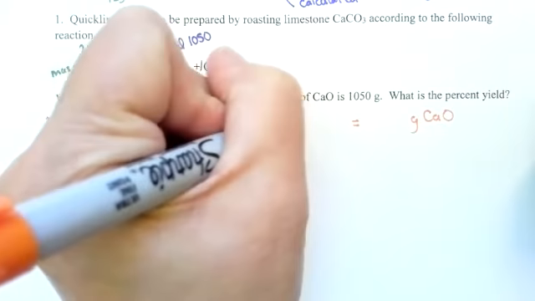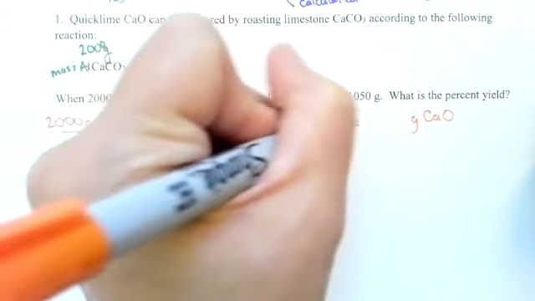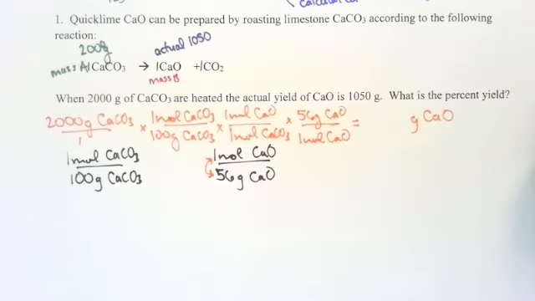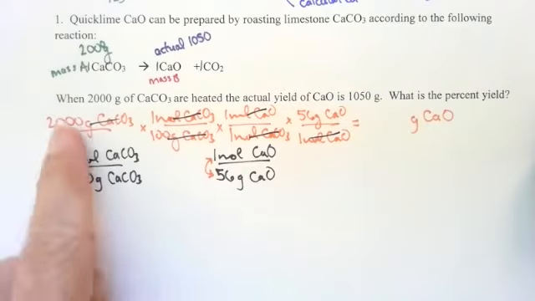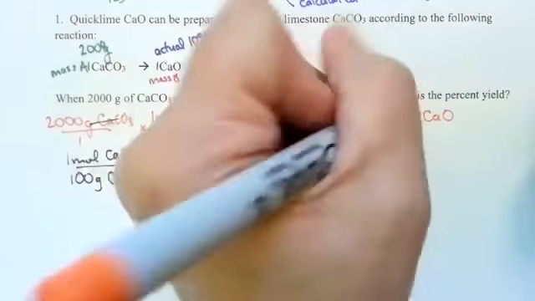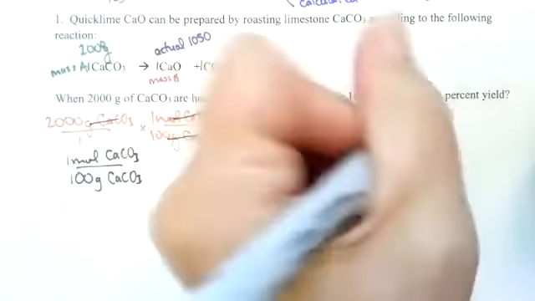So I'm going to put in 56 grams of CaO over 1 mole CaO. Let's cancel my units, make sure I set this up correctly. Gram CaCO3 cancels, mole CaCO3 cancels, moles of CaO cancels. So when I take 2,000 times 56 divided by 100, I get 1,120 grams. And this is my theoretical.